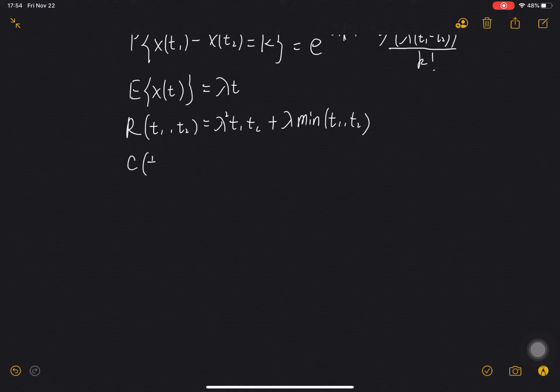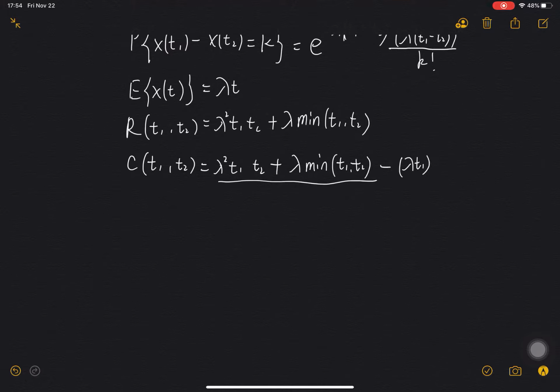And the covariance of t1, t2 is, there's no plus here, the correlation minus the product of the two expectations, so it should be lambda times the minimum of t1 and t2.